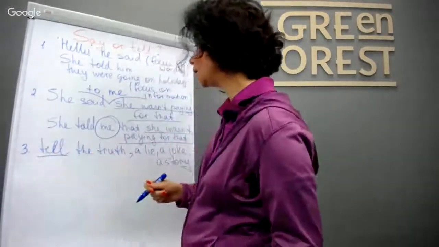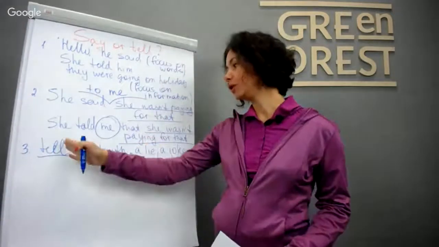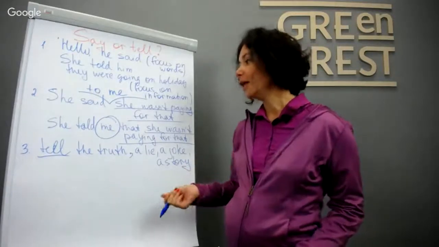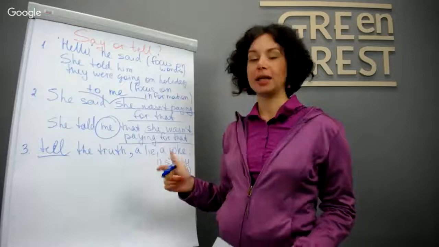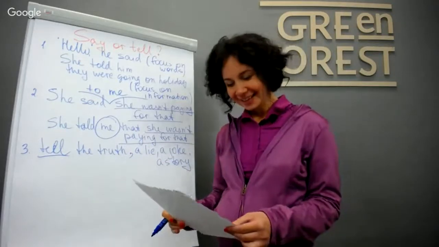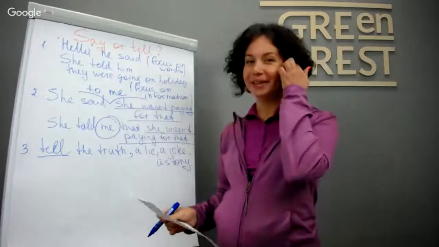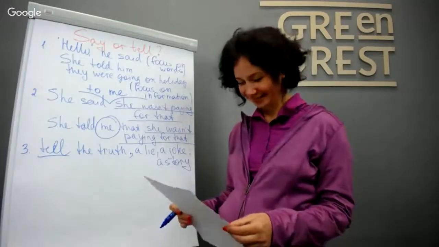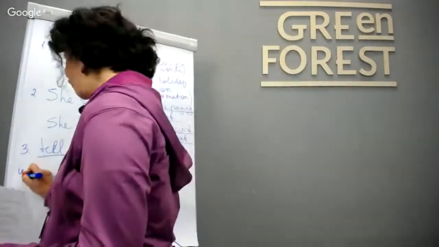In this rule, we don't need to say whom we told the truth, a lie, a joke, or a story. These are set phrases which you have to know by heart. That's it. I know I tell you a lot that you have to know it by heart, but well. The next rule.